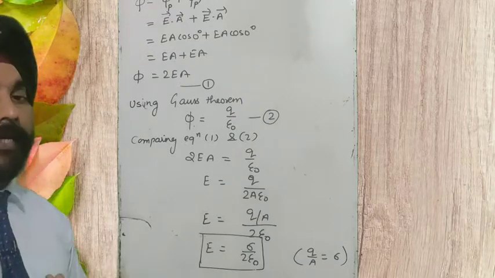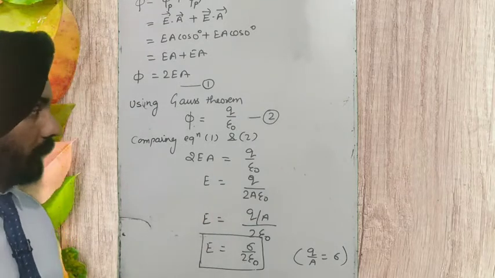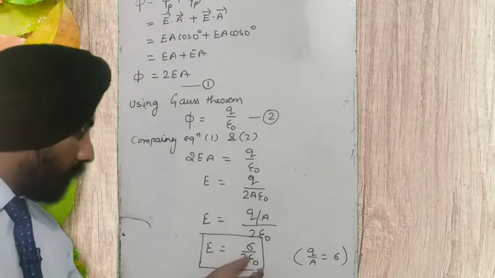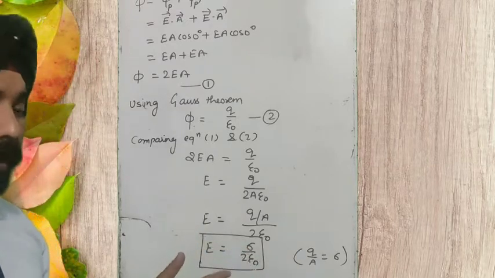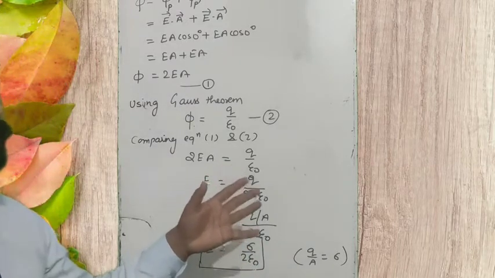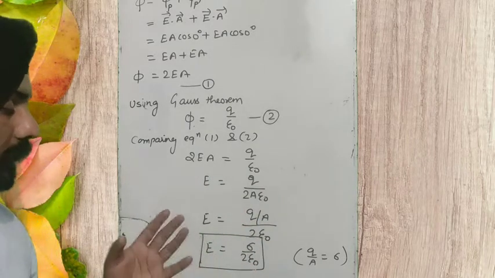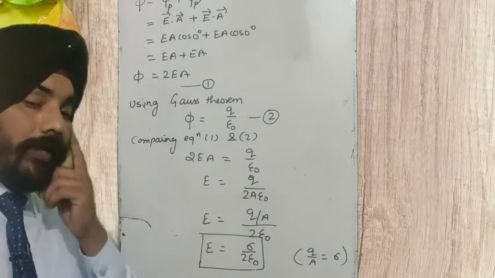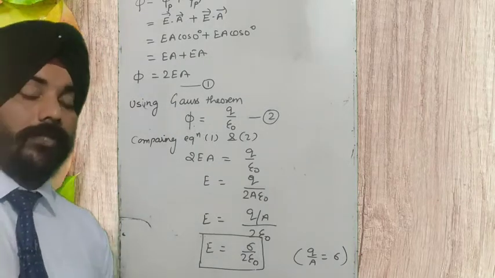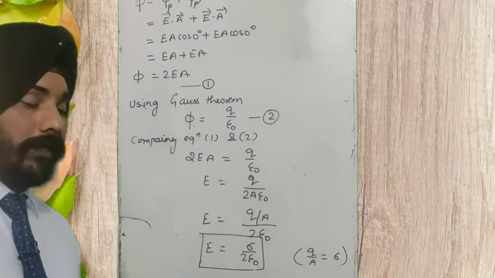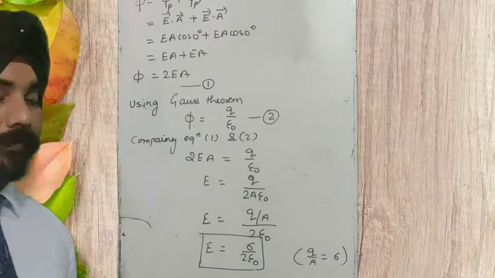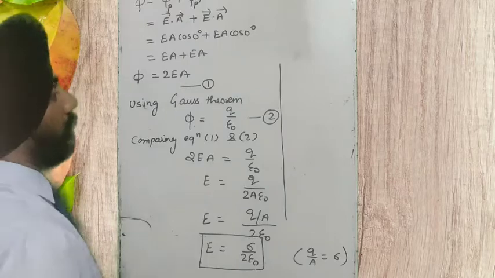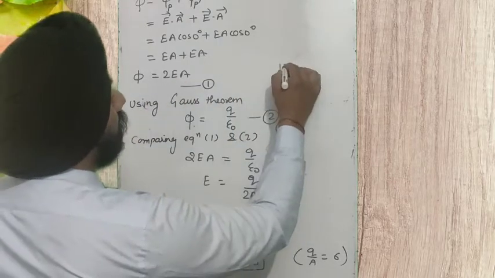That means the electric field intensity, theoretically, I am talking about the theory part only, is not affected by distance. Wherever you keep the point from the infinite plane sheet of charge, the electric field will be the same. So the electric field intensity due to a plane sheet of charge does not depend upon the distance of the point.